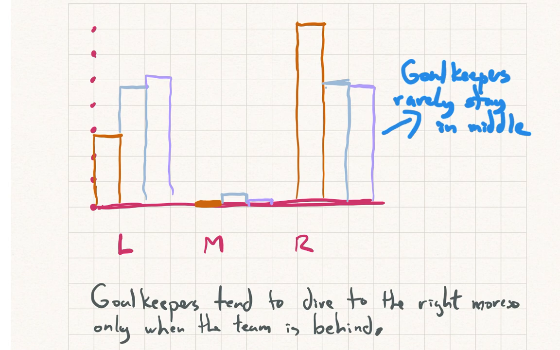If you group by score, then a conclusion you may read, so in the first chart on the previous slide, maybe a reasonable conclusion that you could reach there is goalkeepers tend to dive to the right more so only when their team is behind.